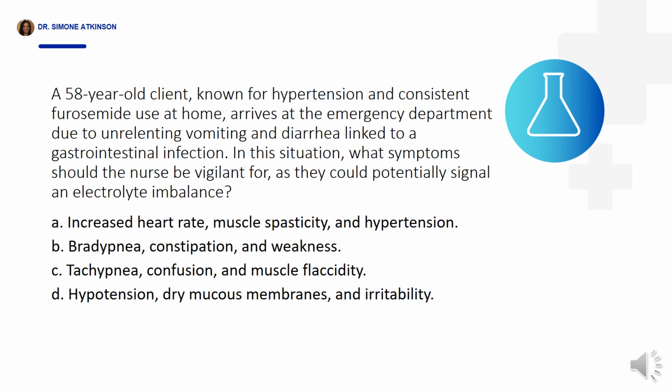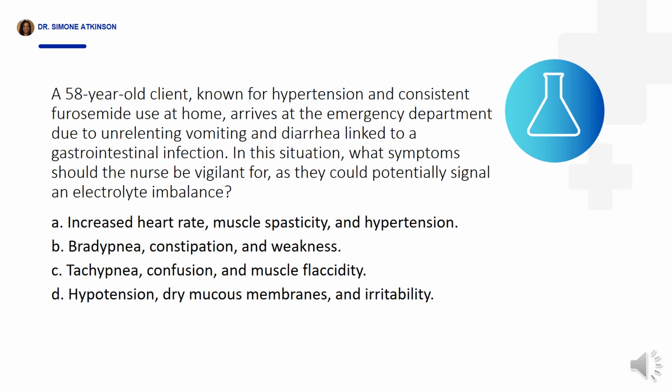So in this situation, it says, what symptoms should the nurse be vigilant for? So we can recall that potassium is going to follow the hypo or the hyper state. So we're looking for things that are going to follow the hypo state because we're anticipating this client has hypokalemia. The only exception in the rule is that the heart rate and the urinary output would be in the opposite direction.